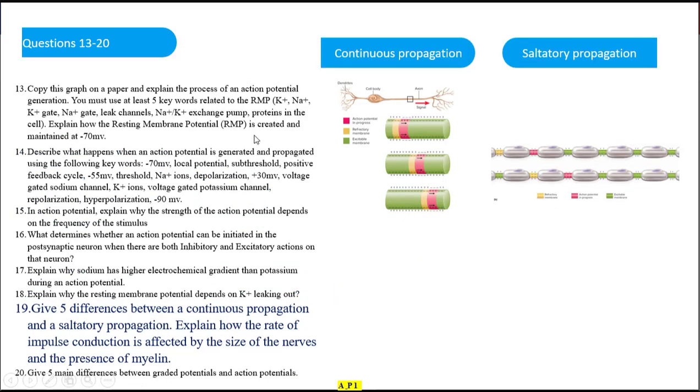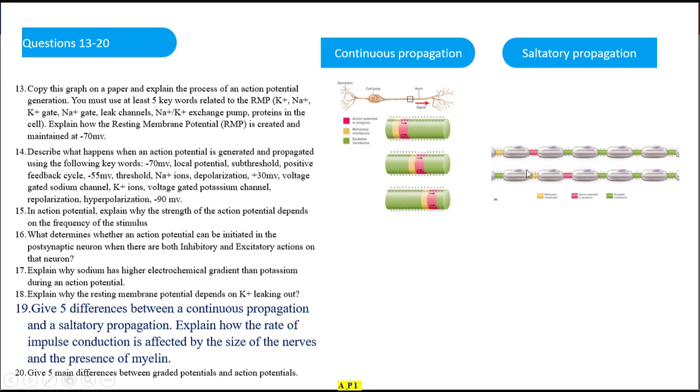Now let's explain the difference between continuous propagation and saltatory propagation. What does that mean? It means that during the movement of an action potential, if there's no myelin on the neuron, the action potential will move continuously from point A to point B. That is going to be a slow movement.